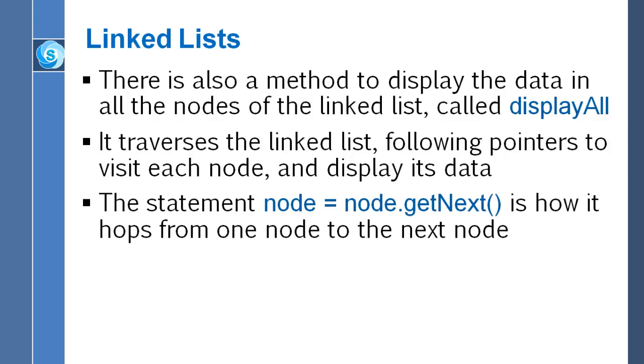The exact statement that causes it to hop from node to node is this right here: node is equal to node.getNext. It's really pretty simple. This variable node keeps track of which node is currently being visited.